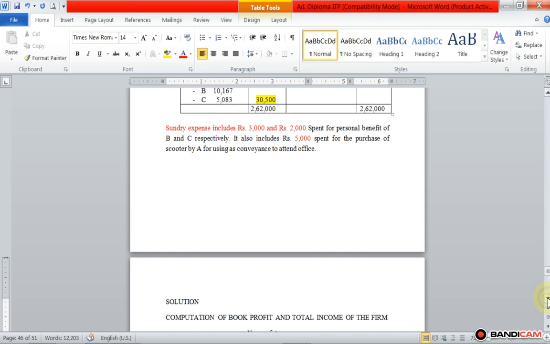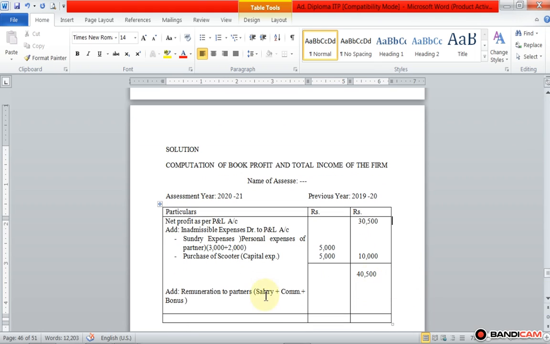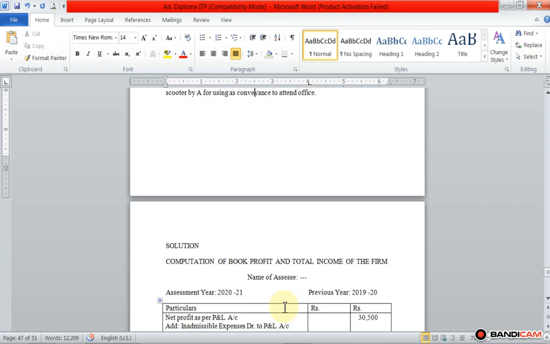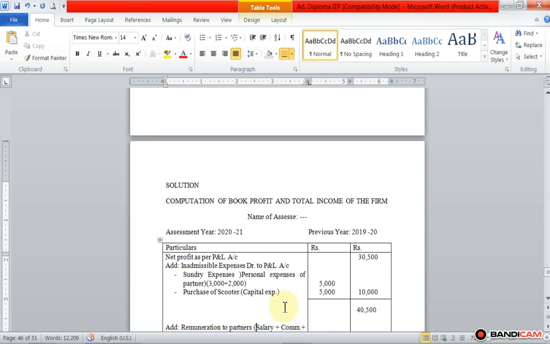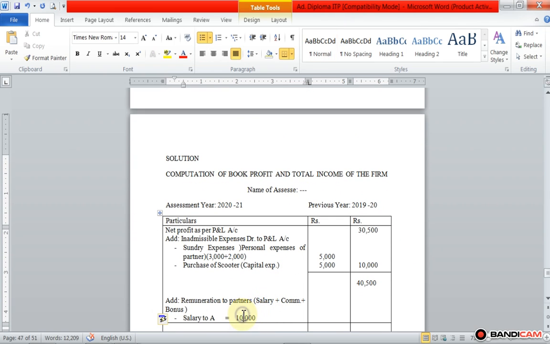So in the solution, salary to A, sorry, is not 10,000, it is 12,000, and salary to B is 15,000.